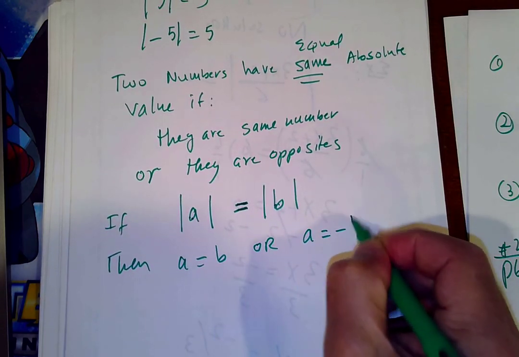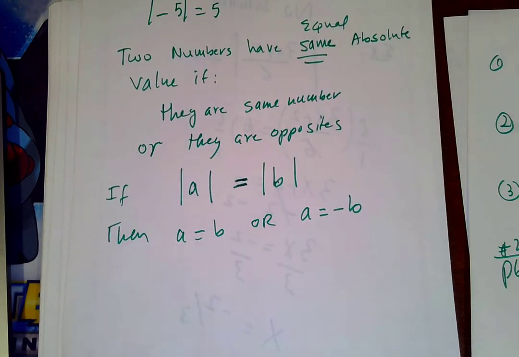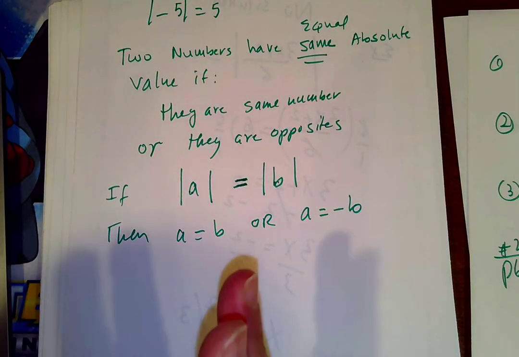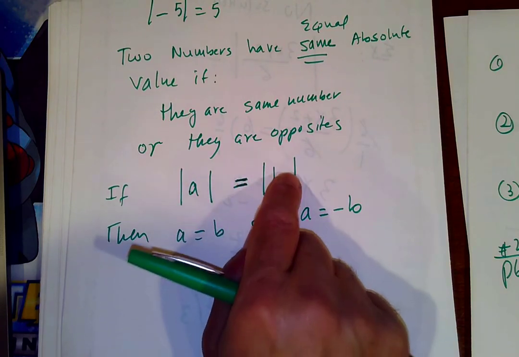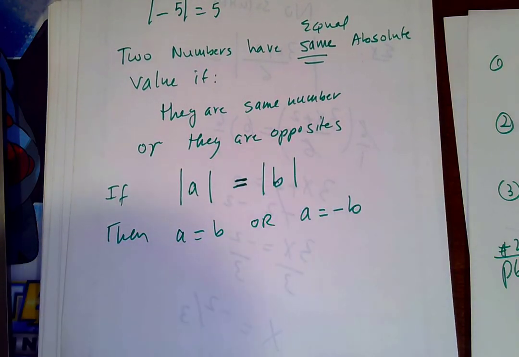A is the opposite of B, or B equals -A. It doesn't matter. Okay, so if you have two absolute values, one on either side of the equal sign, and you want to drop them, then you're going to have two equations. When you drop them, you get the first equation, and for the second one, you're going to make one of the sides negative. Okay, and here is an example.